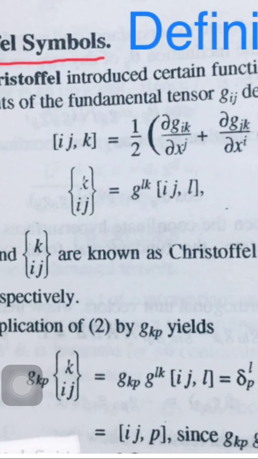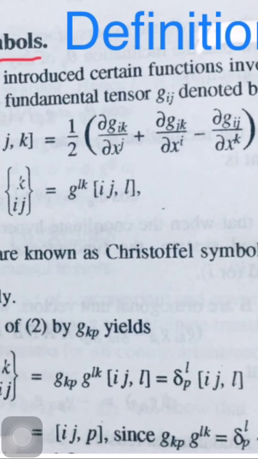We get g_kp {k over ij} equals g_kp g^lk [ij, l]. Now g_kp and g^lk become the Kronecker delta δ_lp, which is 1 when l and p are equal, otherwise it is 0. So we substitute l equals p and we get [ij, p].